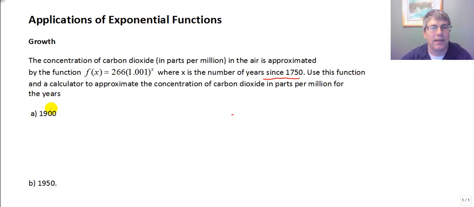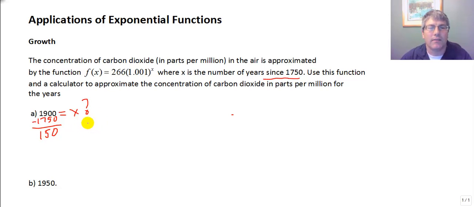So let's take a look at the year 1900. So that is our x. Well, it appears to be our x. However, x is the number of years since 1750. So 1900 minus 1750 is 150.